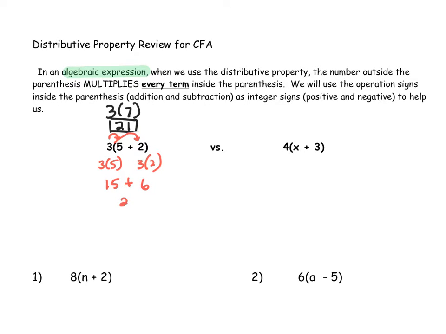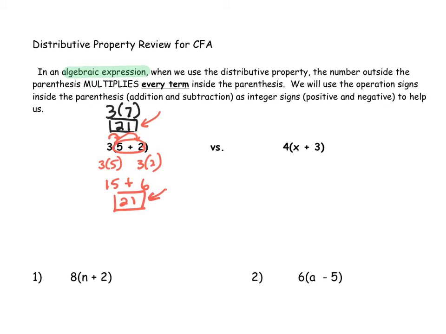And if I did combine them, again, I get 21. So either way I worked this, either by working inside the parentheses and multiplying by 3, or multiplying 3 by the parts or the terms inside the parentheses, I still get 21.